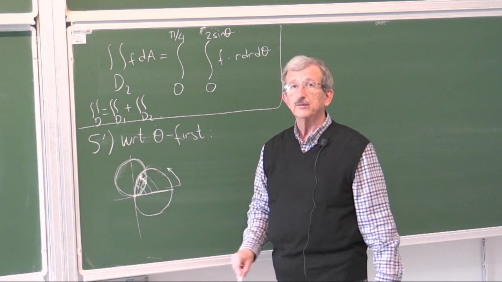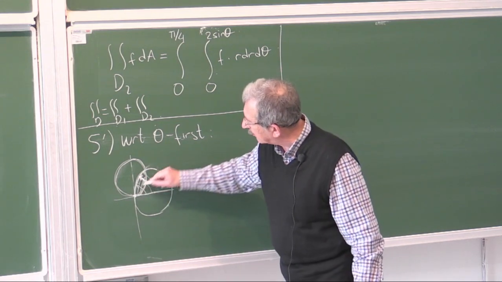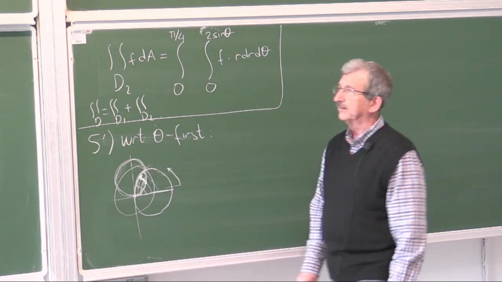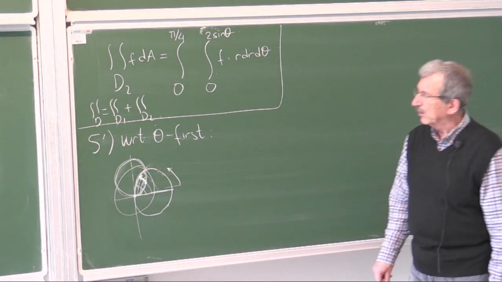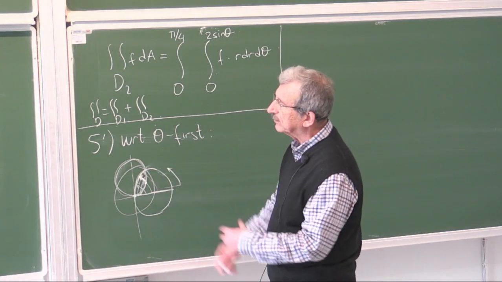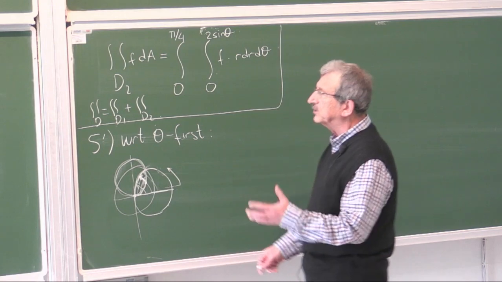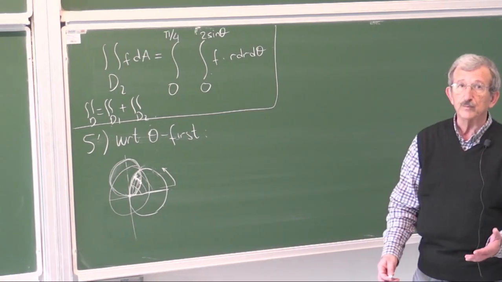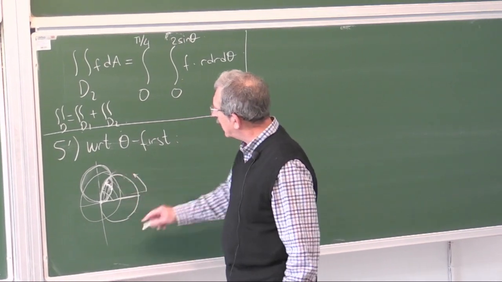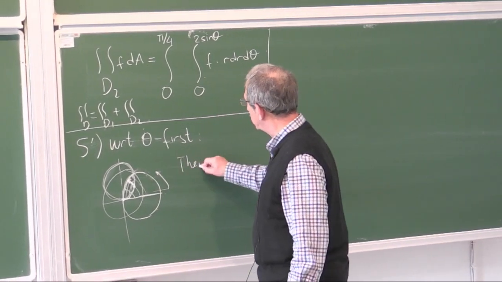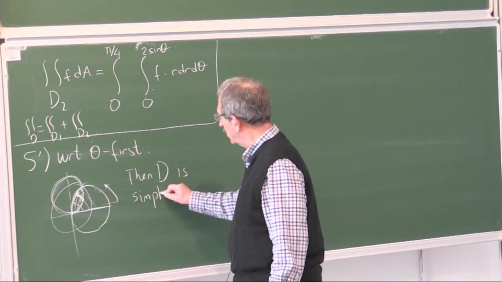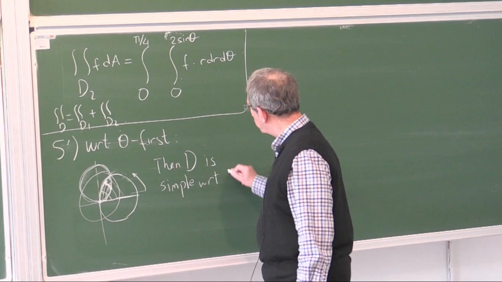In other words, and of course, r changed from 0 up to this circle, which, it's not a very accurate picture, but you can see that, has a radius of square root of 2. And so, indeed, this is a simple region with respect to theta first.